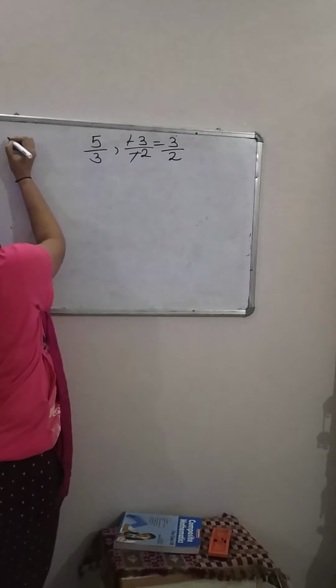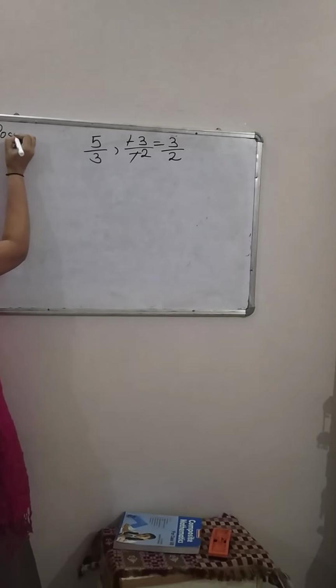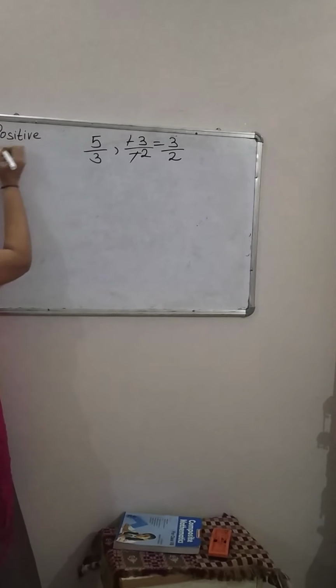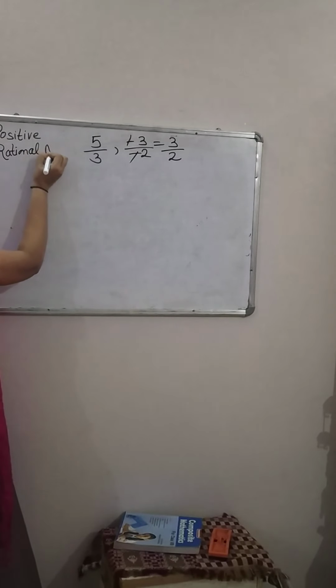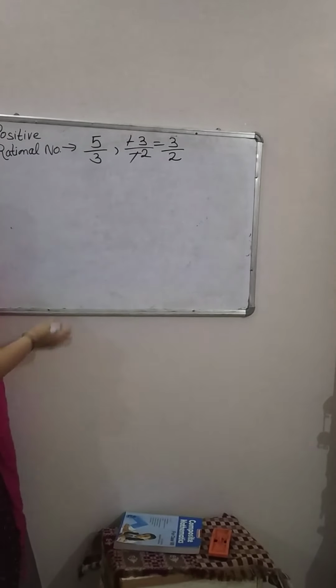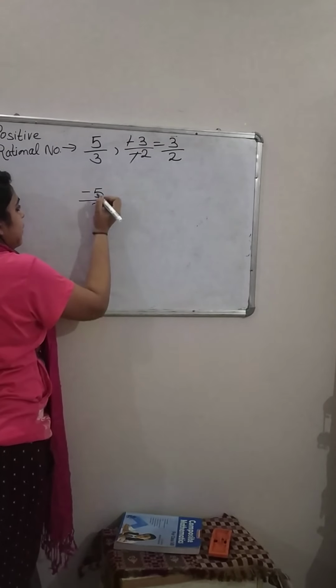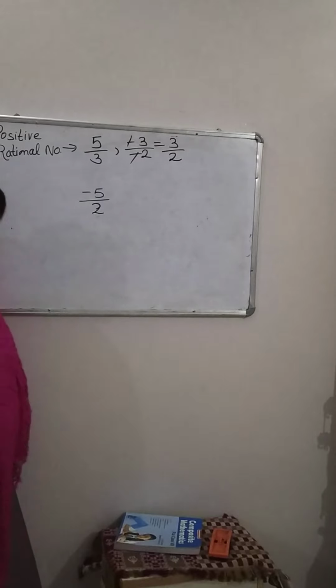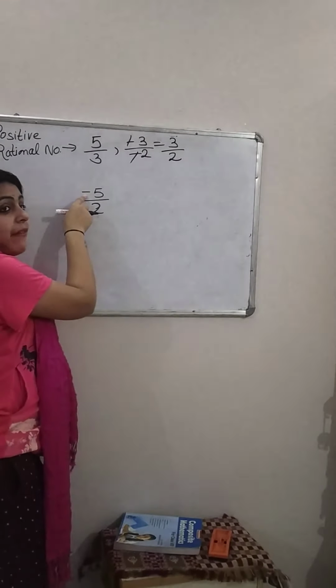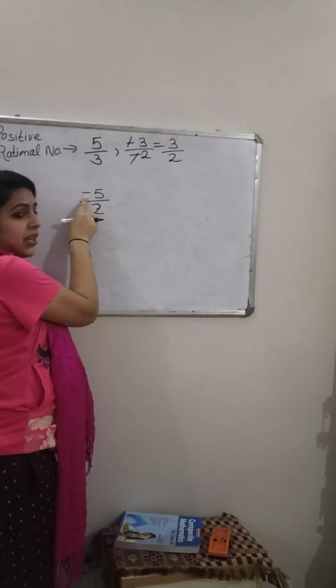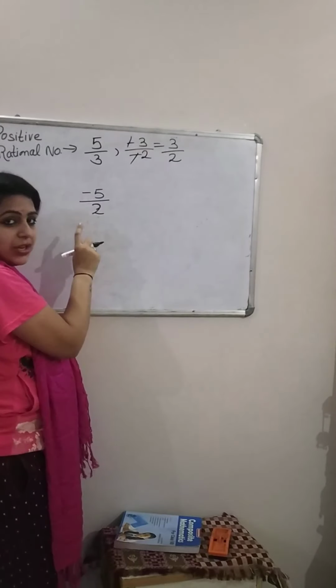Now, this is your positive rational number. Now coming to the negative one. See, minus 5 upon 2. Okay, so this is negative. It has a minus in the numerator. So this is a negative rational number.